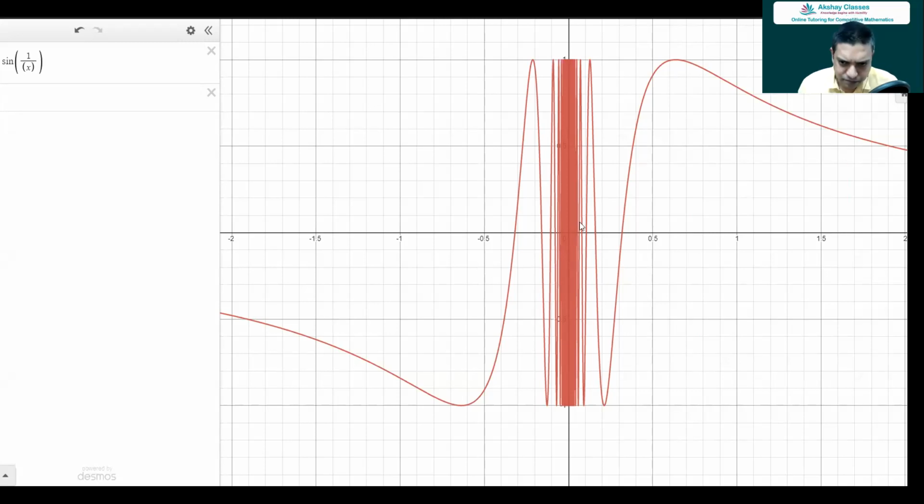The reason being, as x is in the neighborhood of 0, sine 1 by x is oscillating widely. It varies between -1 and 1. Your epsilon value has to be very, very small, proportionate to delta, but that doesn't happen. That is why the limit of sine 1 by x does not exist at x equal to 0. It has an oscillatory discontinuity.